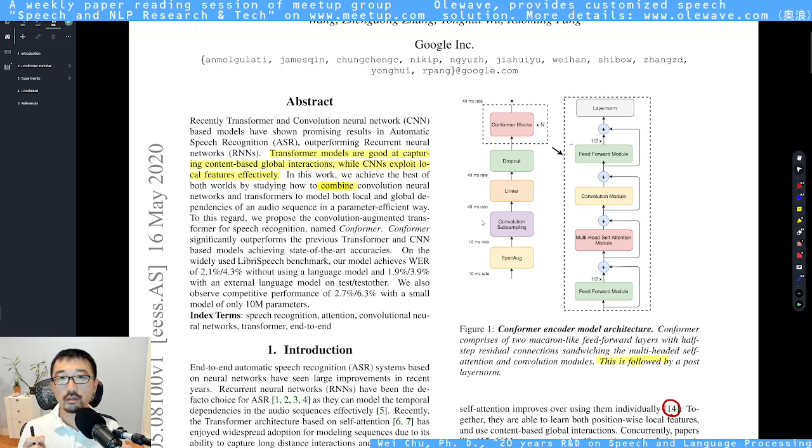That's their main innovation, and it worked very well for the standard speech benchmark, which is LibriSpeech.